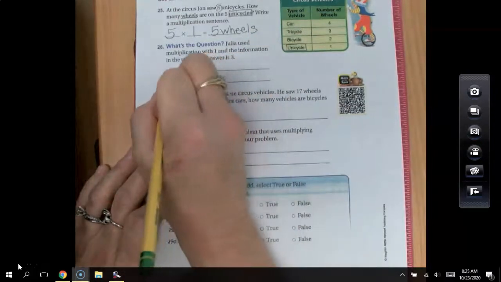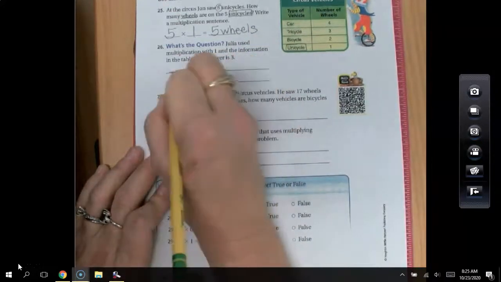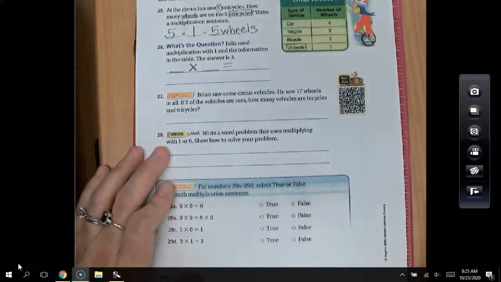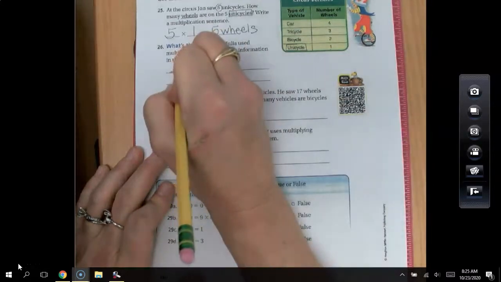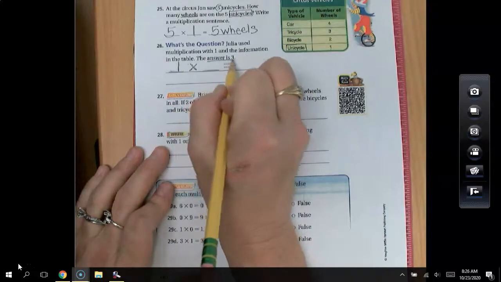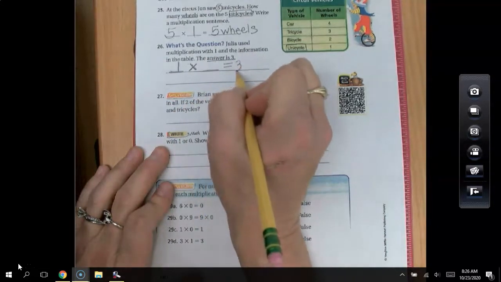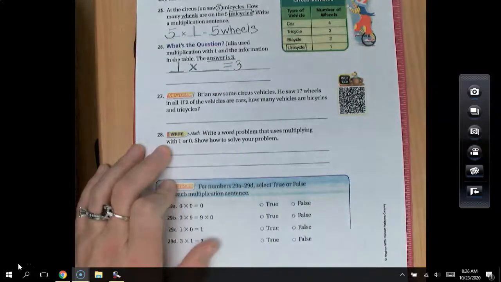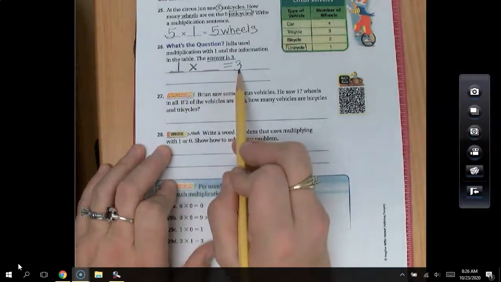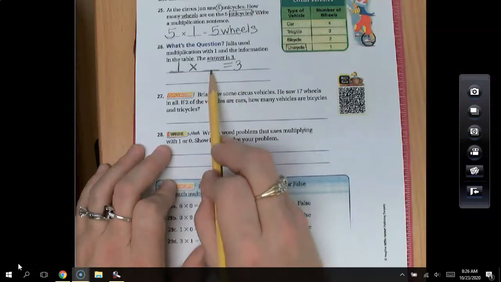I know one of the factors, remember you have 2 factors and your equal sign. I know one of the factors is 1. And I know my answer is 3. So I can put my answer as 3. So I know one of the factors and my answer is 3. What's my other factor? Well, I don't know.